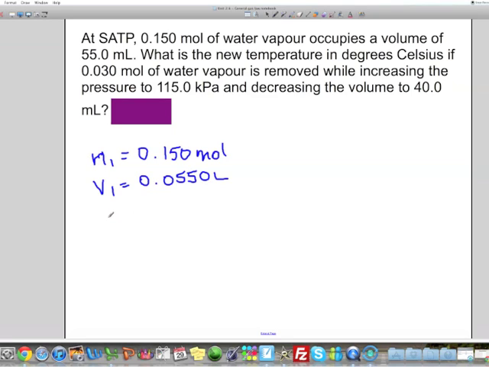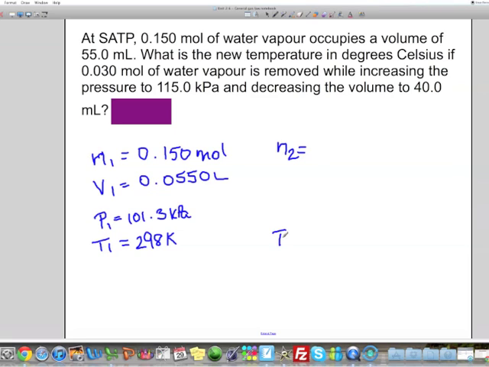So if I had 55.0 milliliters, I have 0.0550 liter. Since this is at SATP, that means that my pressure, I can assume, is 101.3 kilopascal. So that's still my P1. And my T1 will be 25 degrees Celsius, which is 298 Kelvin. Now I'm going to list my other set of variables next to it. So N2. Let's keep reading. What is the new temperature?